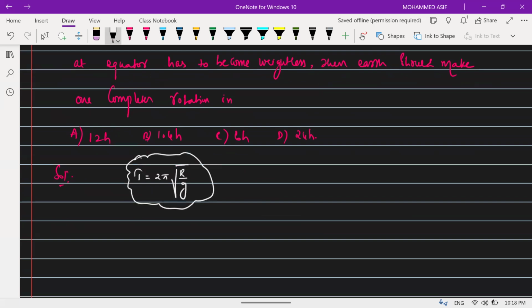When a body becomes weightless, its weight is balanced by centrifugal force. As it is moving in a circular path, m r omega square will be equal to mg. m gets cancelled, so from this I get omega. Omega is equal to under root of g divided by r.